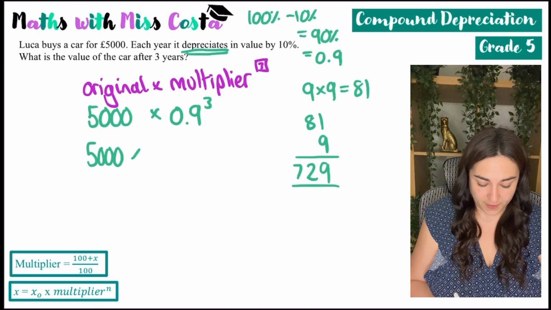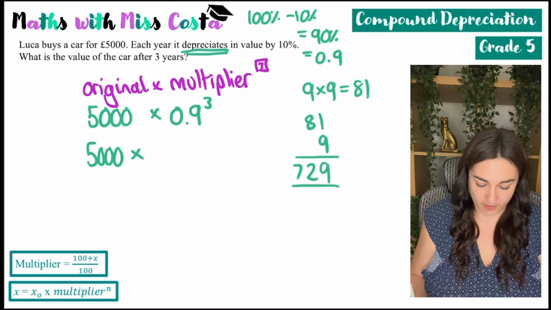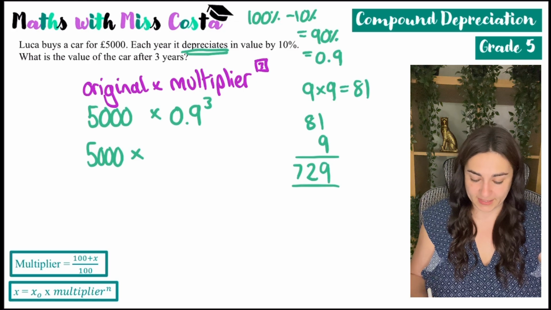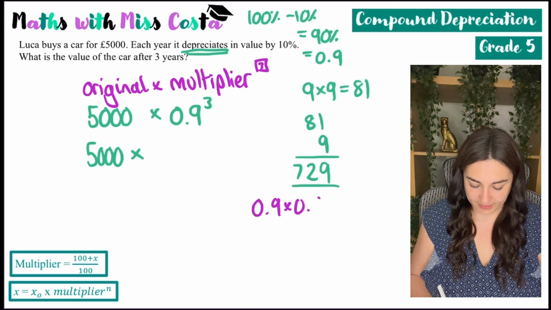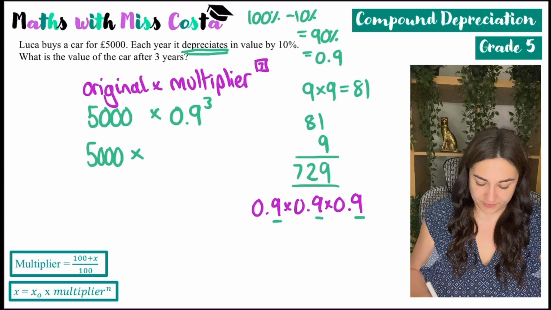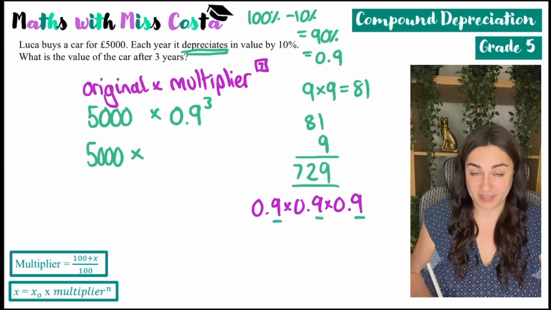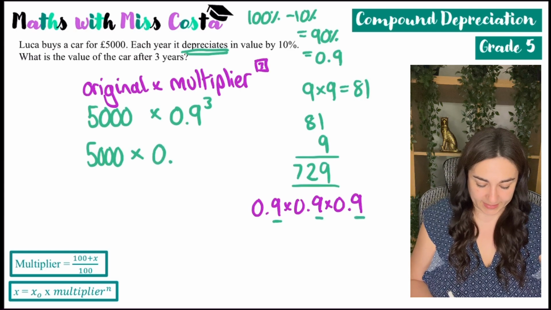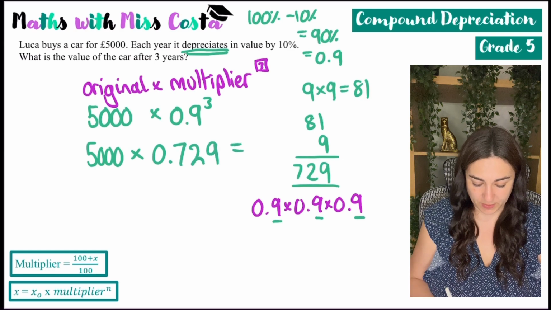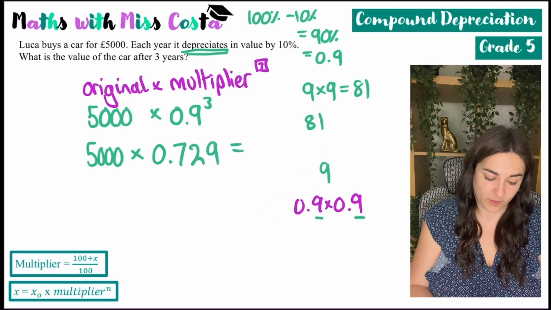So I'm going to do 5,000 times by, and remember when you're multiplying decimals, you turn them into whole numbers, but then however many digits, so if I did 0.9 times 0.9 times 0.9, however many digits are after my decimal point, that's how many I need after my decimal point. So that's going to be times by 0.729. That's going to give me my final answer.